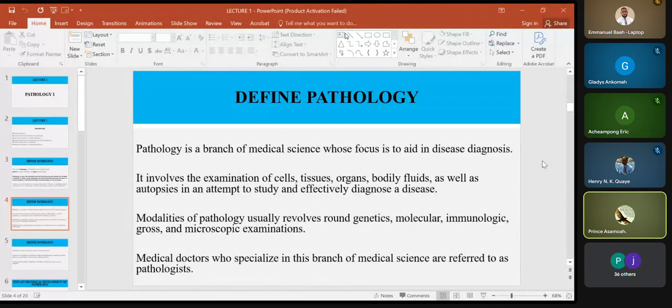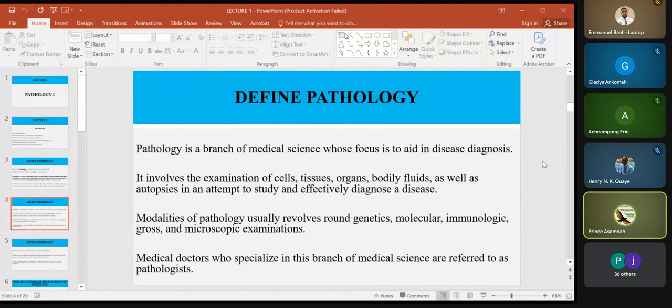Now, we are saying that pathology is a branch of medical science, and its focus is to aid in disease diagnosis. We examine cells, tissues, organs, and bodily fluids like blood, phlegm, and all of them.